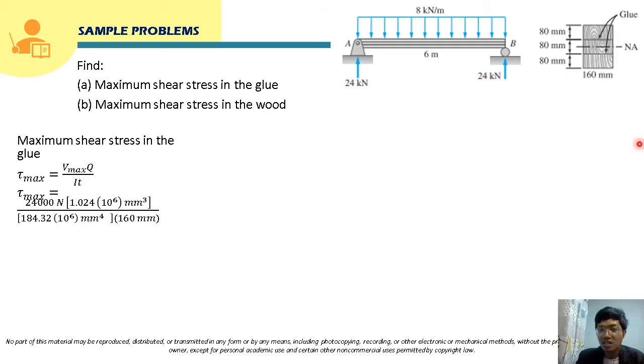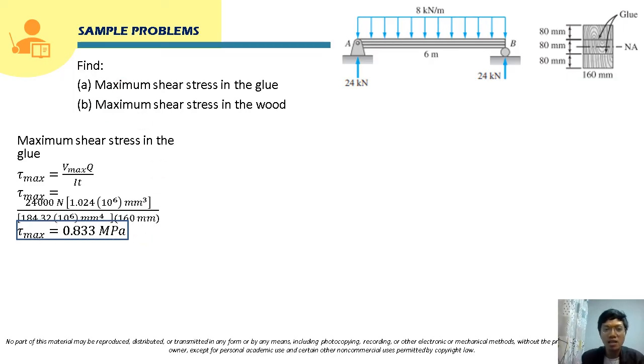And our T, class, that is the width nitong bottom face nung A1. So ito yung T, which is 160 mm lang din. Okay, so from here, the maximum shear stress, class, at the glued section of our beam is 0.833 megapascal. So this will now be the answer for the first part, for letter A.